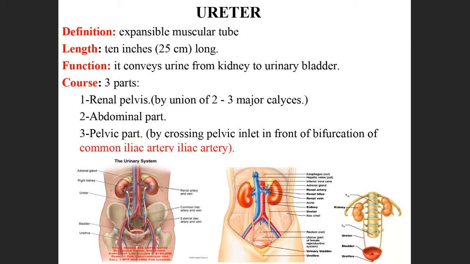That's why these are expandable muscular tubes. Ureters are muscular tubes that convey urine from the kidney to the urinary bladder.